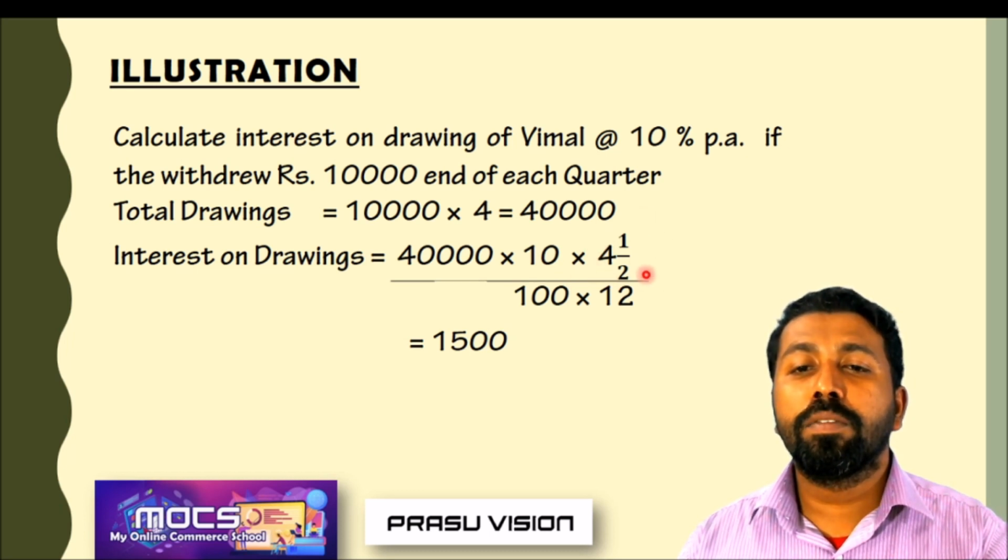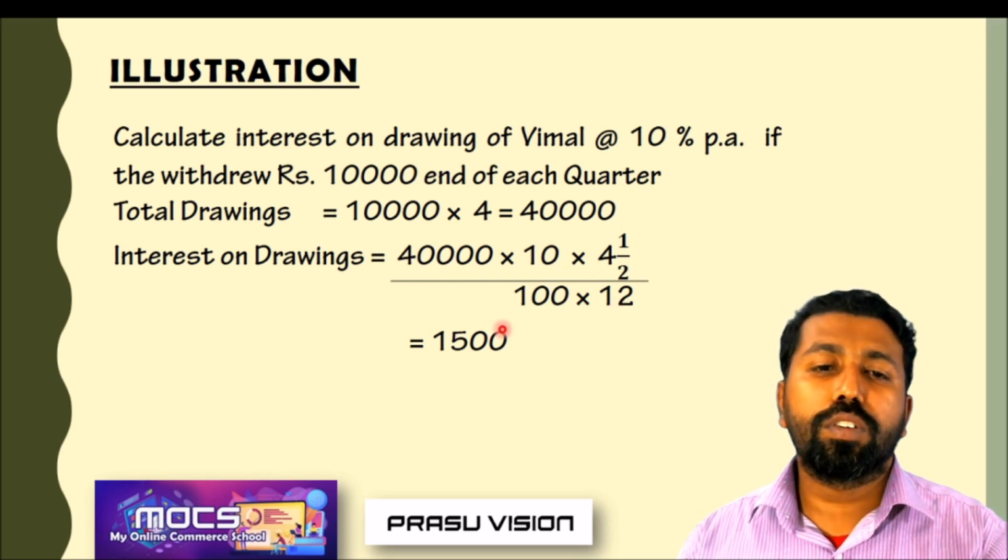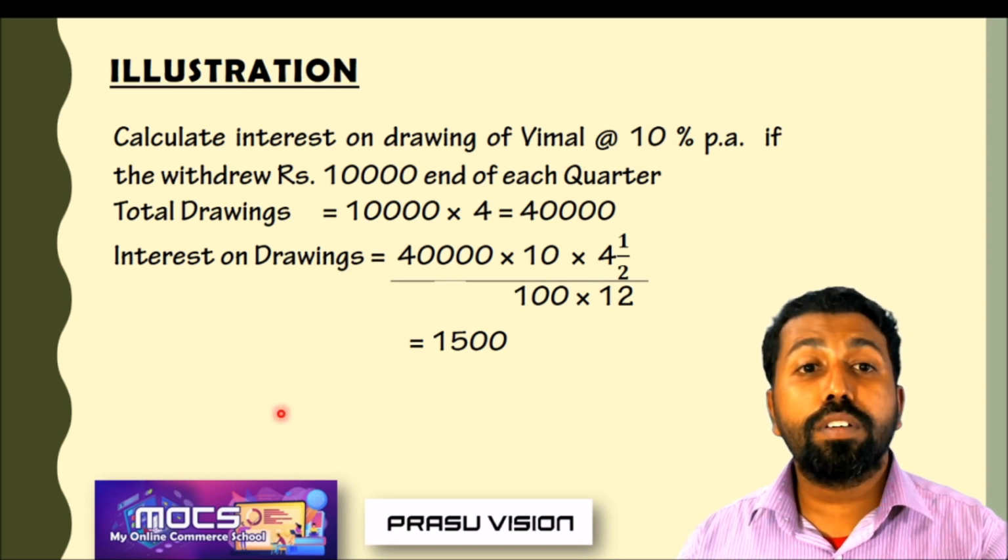Average period here is 4.5 by 12, because it is made at the end of each quarter. So remember, end of the month or end of each quarter. Here it is end of each quarter. Average period is 4.5. So we will get the value 1500. So in order to develop the concept, watch the video again and again, do more problems.